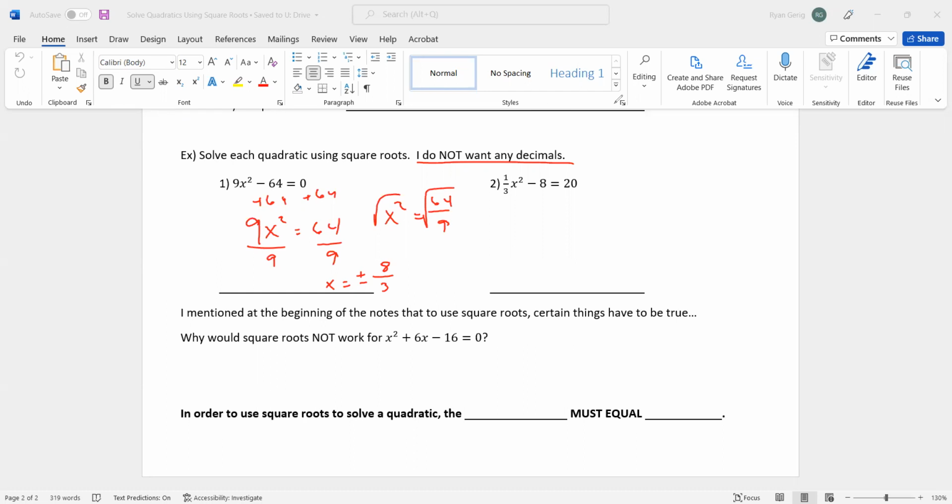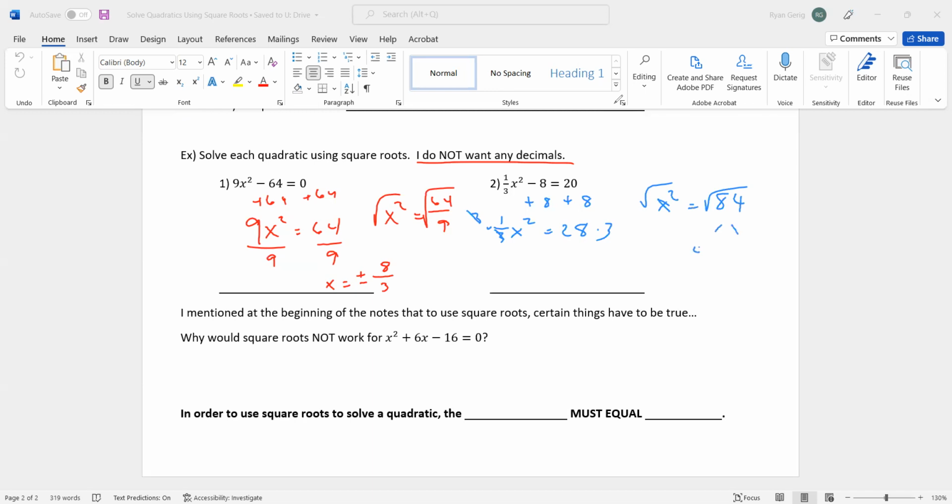And number 2, add 8. I get 1/3 x squared equals 28. I'm going to multiply by 3 to get rid of the 1/3. So I have 1x squared, or just x squared, equals 28 times 3, which is 84. Square root of 84 is not a good number. We just got done with a unit on radicals.